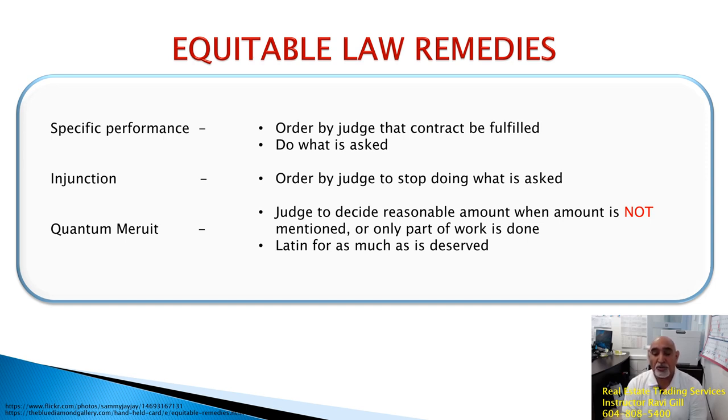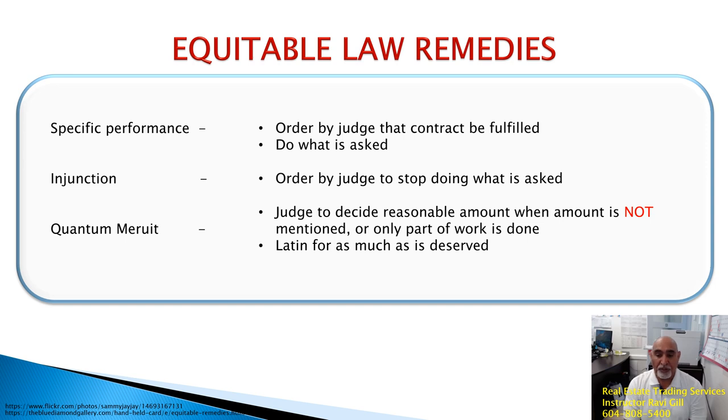If it's not written in the contract, or maybe the contract is only halfway through, the judge will decide whatever is fair. For your exam, know that quantum meruit is a Latin phrase for "as much as is deserved," meaning the judge will give to the innocent party as much as is deserved.